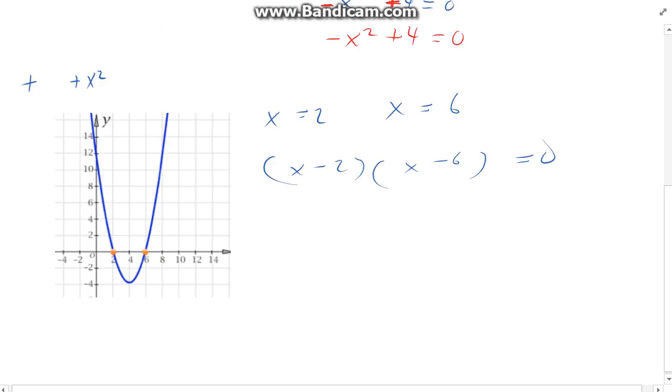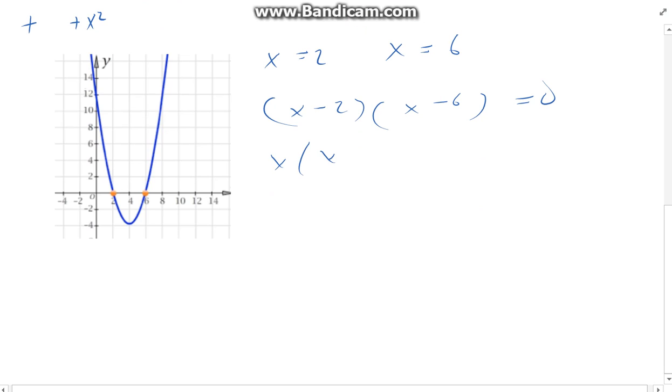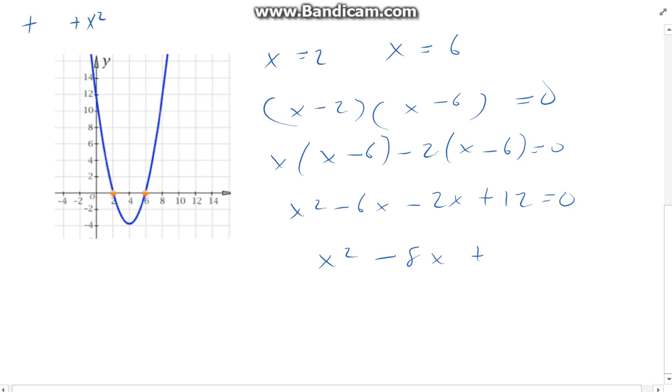Let it equal 0. Okay, so we've a bracket on a bracket, so we split our bracket. So we'll have x squared minus 6x minus 2x plus 12 equals 0. So we have x squared minus 8x plus 12 equals 0. And that is the equation of this graph.